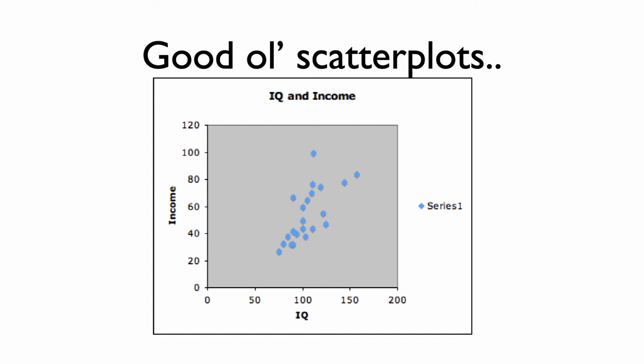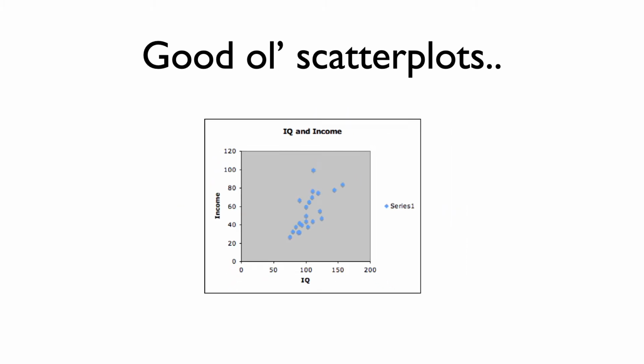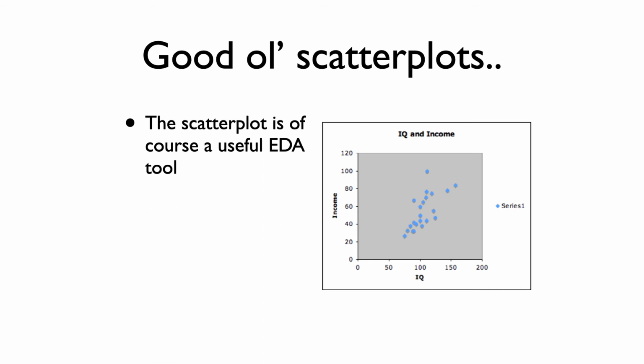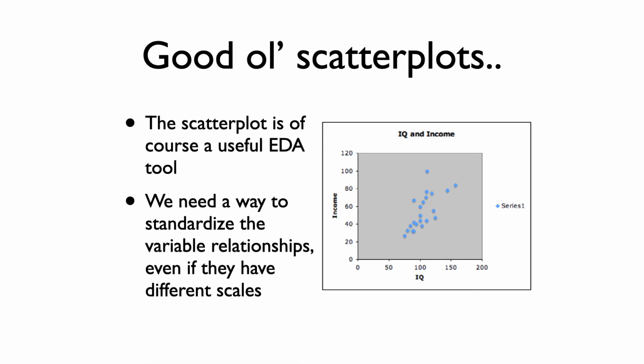So you can have an infinite number of possible incomes and an infinite number, basically, of possible IQs. It's not really infinite, but let's put that over here. And the scatter plot is, of course, a very useful EDA tool. We would maybe use it there more than anywhere. But we would also use it in this case if we were interested in the relationship between, well, IQ and income.